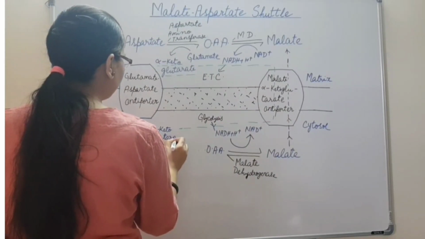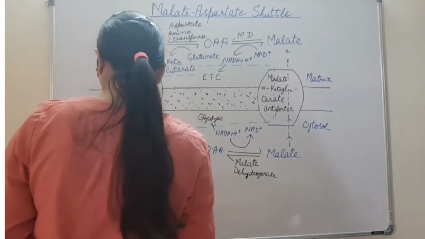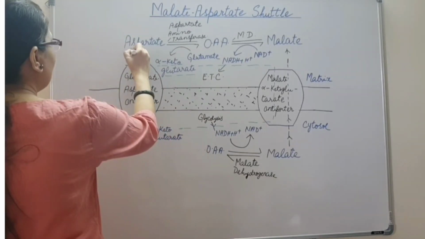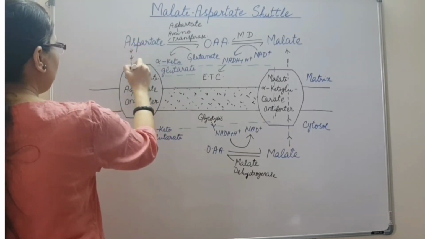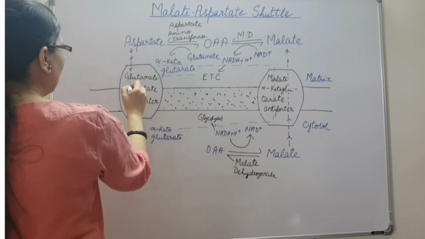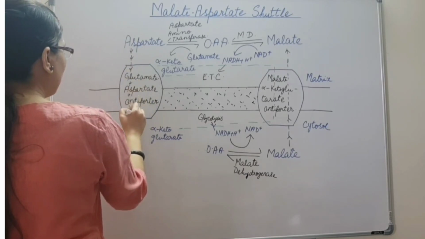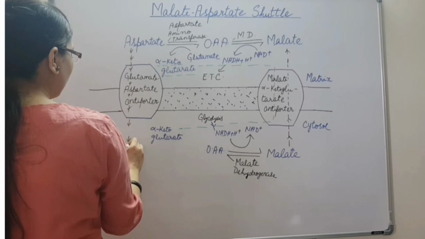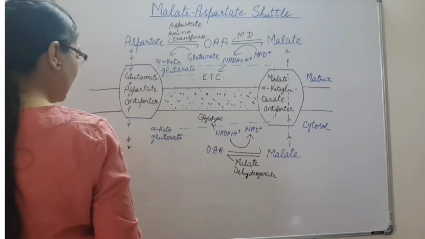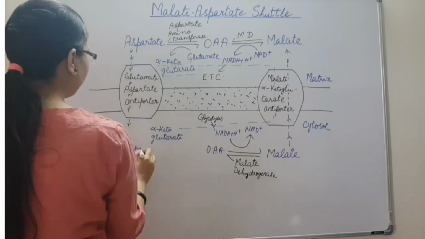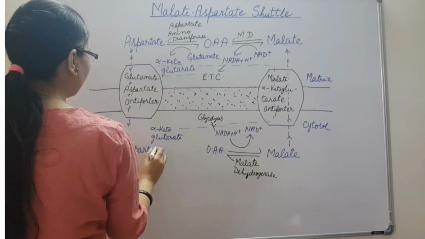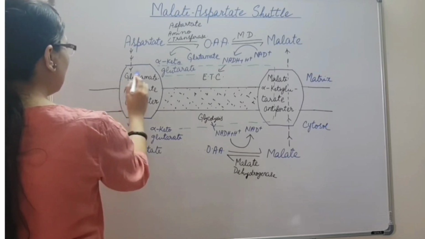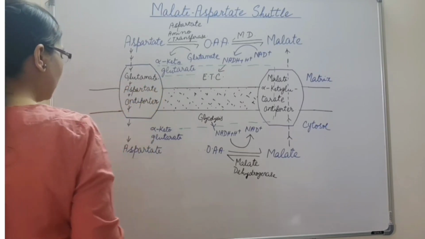Then the aspartate that is produced in the mitochondrial matrix is exported to the cytosol. And this uses the glutamate aspartate antiporter.